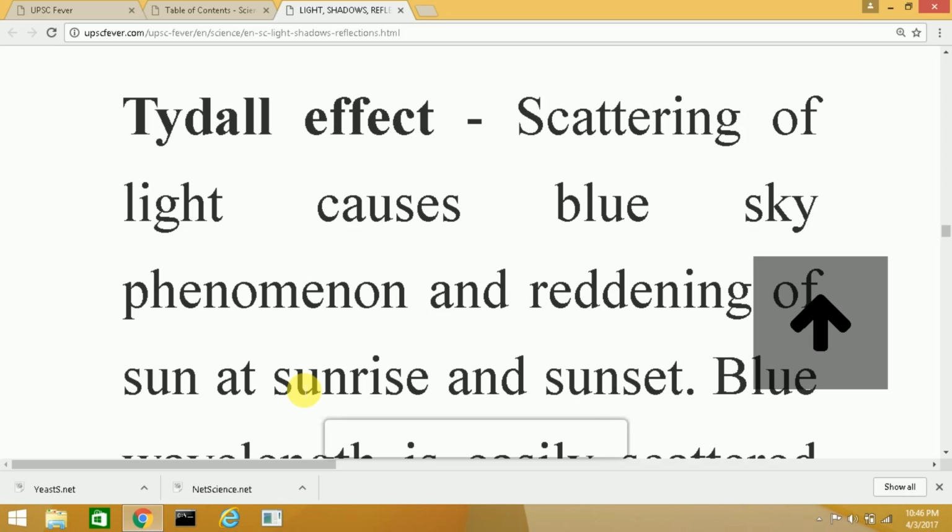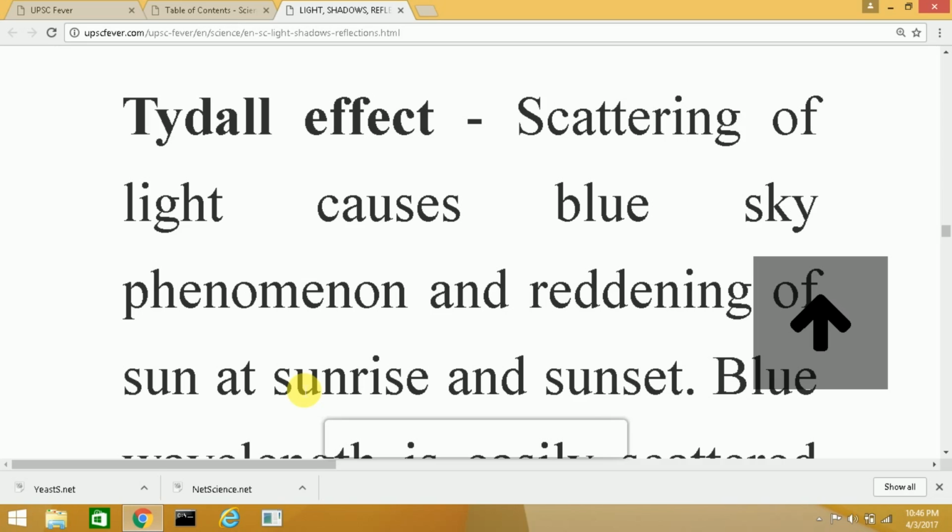The blue wavelength of light is easily scattered by dust particles, and hence sky appears blue. Violet is more easily scattered, but blue is a very sensitive color for our eyes, and so our eyes are better able to detect the color blue than the color violet, and so for us the sky appears blue.